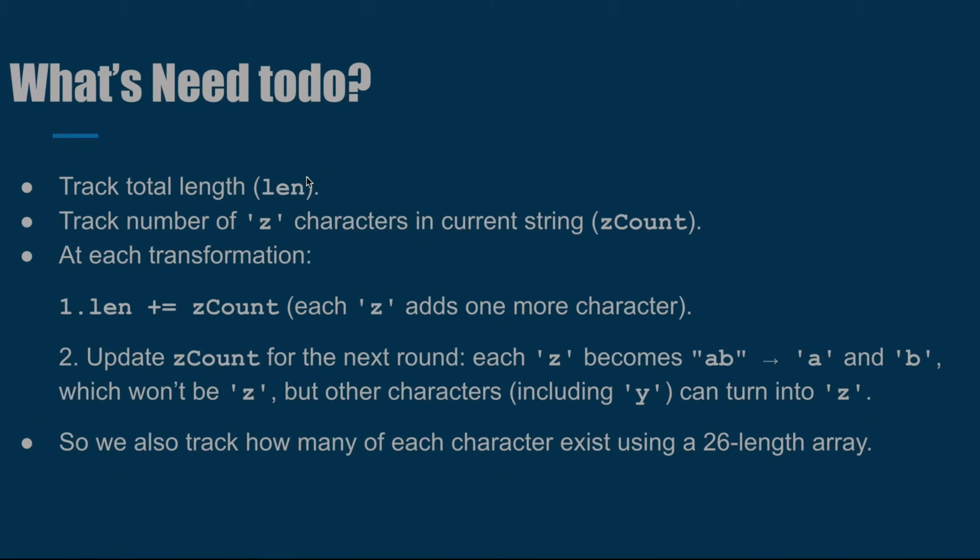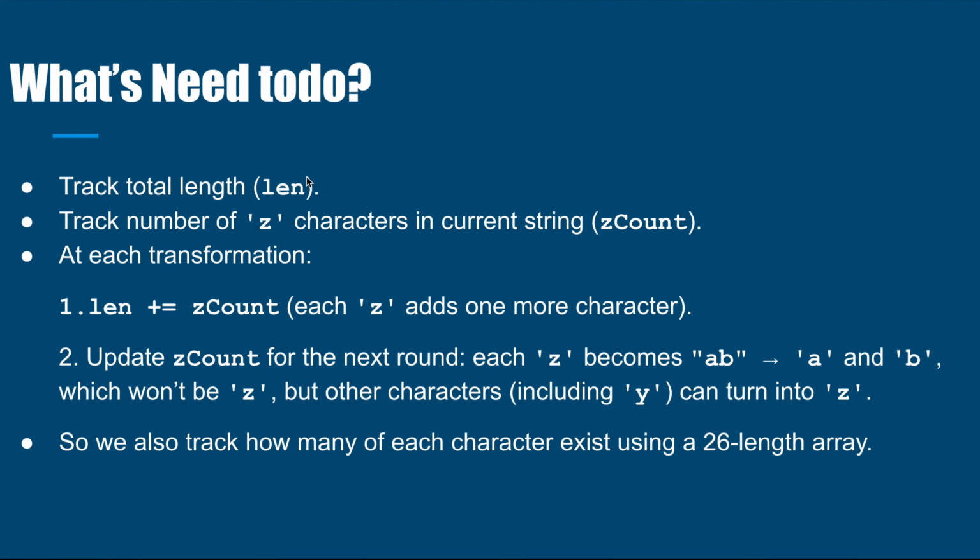So let's break down the problem and see what needs to be done. First of all, we'll take a length and track the total length. To track the length, we have to track the number of Z characters in the current string, let's call it the Z count, and for each transformation we increase the length by the Z count. So for each Z it adds one more character, right?